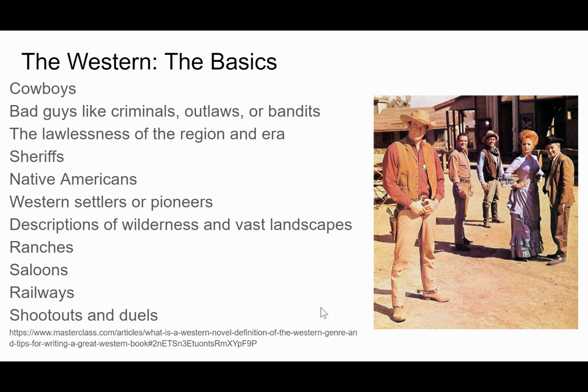Many times, because it's set in the West of the 1800s, there might be conflict between Native Americans and the white people who are coming into the territory, into the region. All of this is a key element to the Western. Also, the idea of wilderness and big landscapes as opposed to a rural town or a large city.